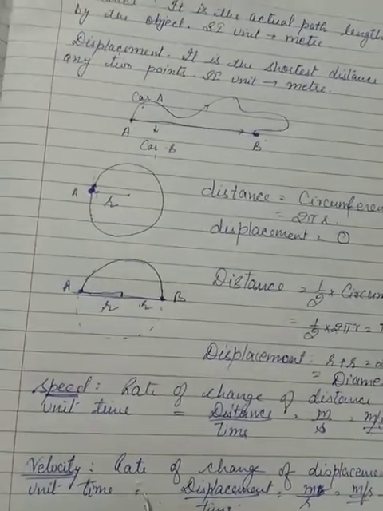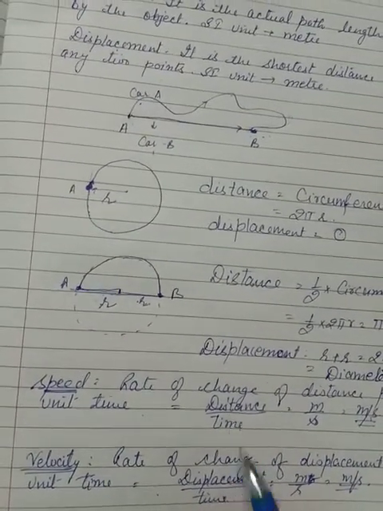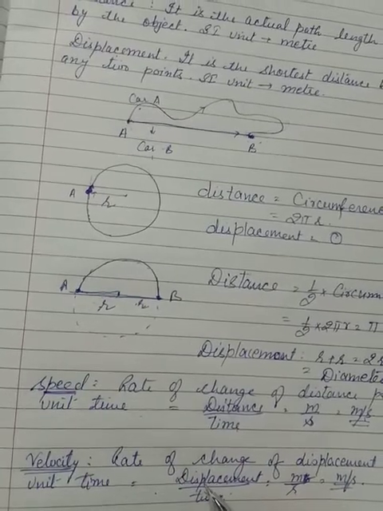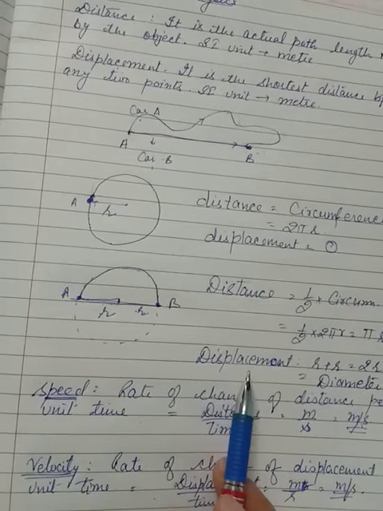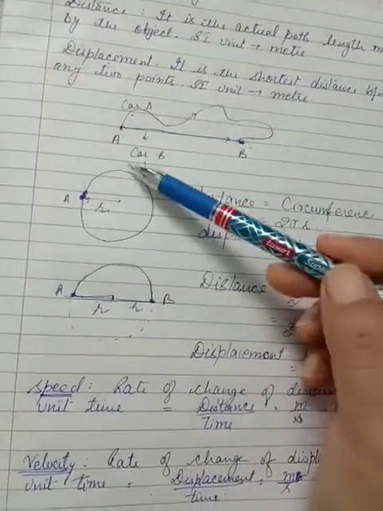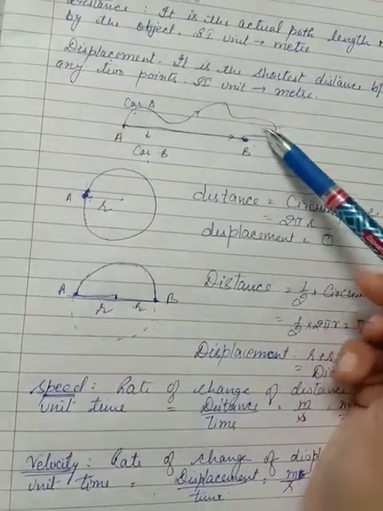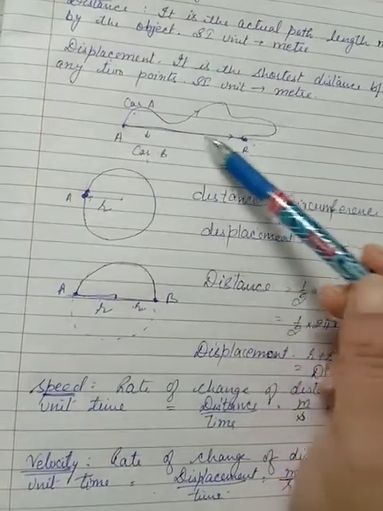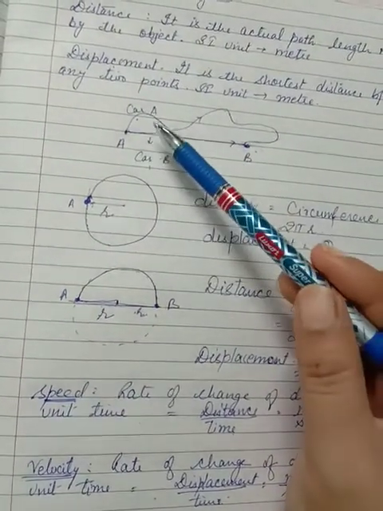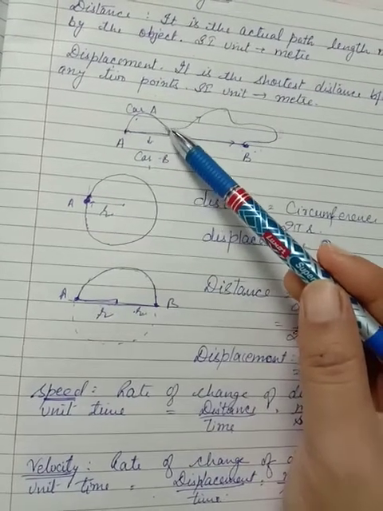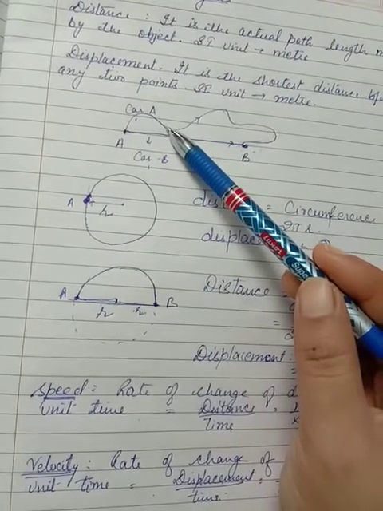And see, dear children, your distance is never less than displacement. Distance is either greater than or equal to displacement. Like here, if we talk about car A, the distance traveled is more, but its displacement, the shortest distance from A to B, is less.